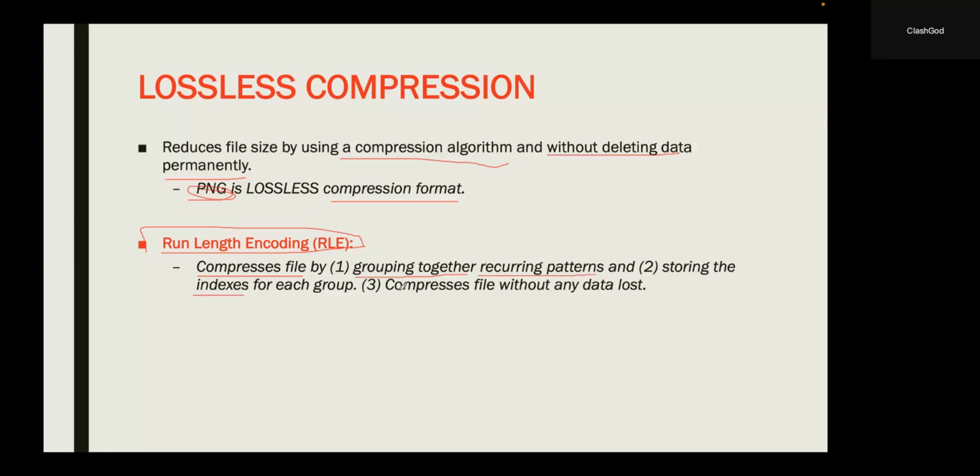And this compressed file has no data lost. So it compresses the file without any data loss, so no data is deleted from the file. All right. Sounds a bit wordy, but don't worry. We're going to take a look at an example, and then we're going to come back to this definition.